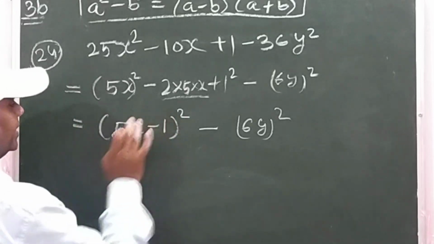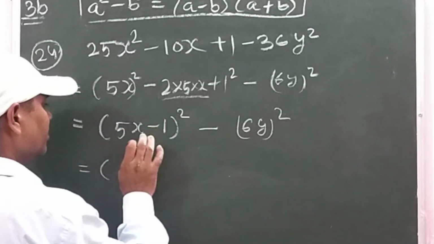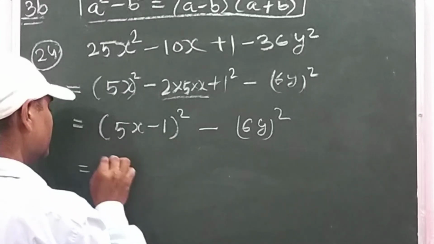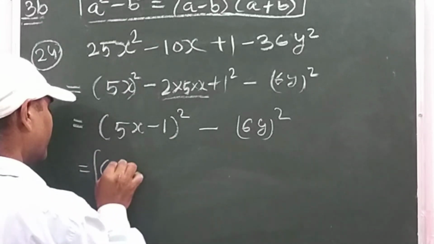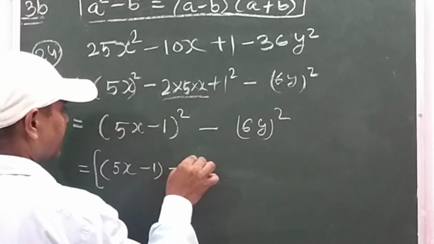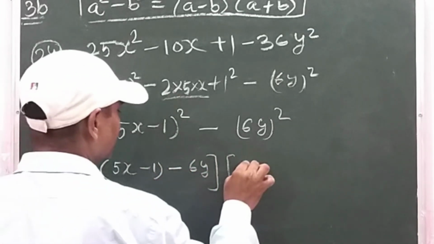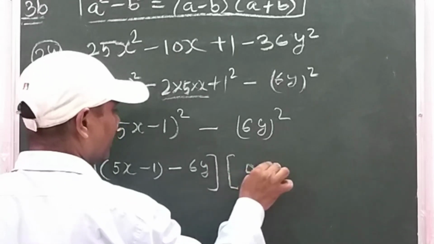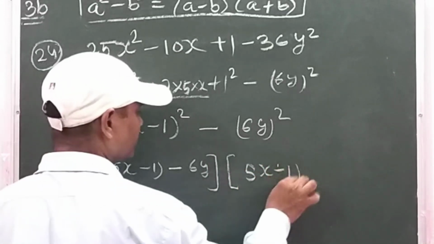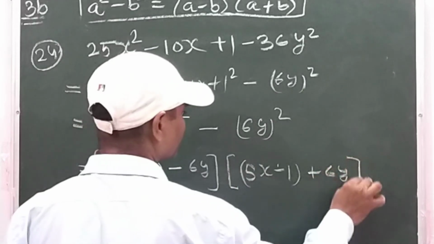Suppose this whole part is a, so we can write here in one bracket a minus b, which is 5x minus 1 minus 6y, and in another bracket 5x minus 1 plus 6y.